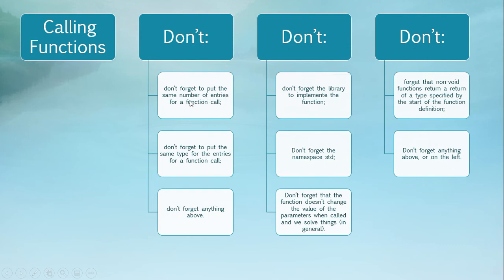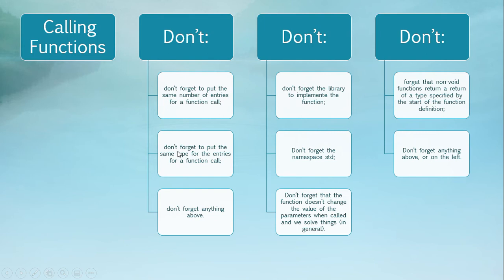Don't forget to put the same number of entries for a function call. It seems very silly for now, but actually it will happen many times. You can lose hours and hours, and at the end you are going to discover that you just missed an entry.